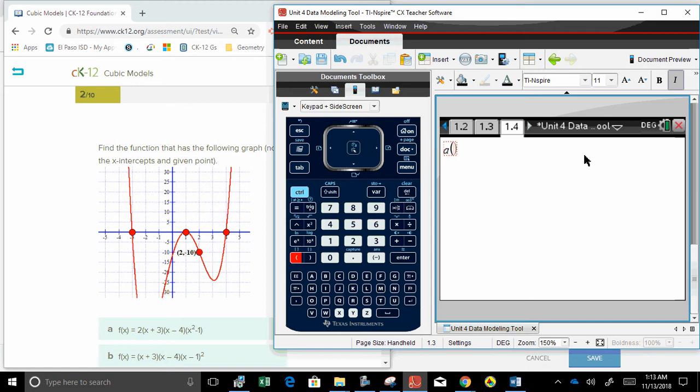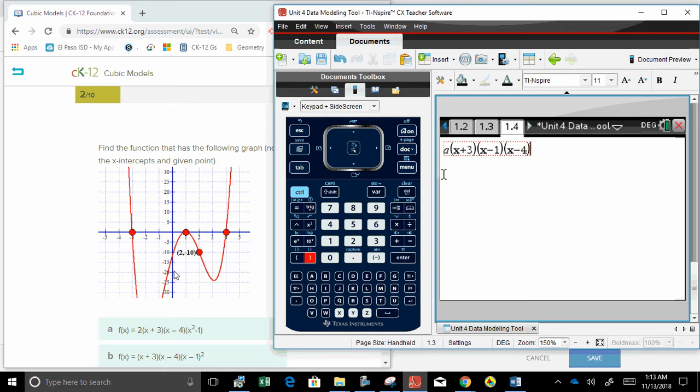A times x plus 3, since x equals negative 3 will be 0. When I factor, negative 3 plus 3 will be 0. We also have x plus or minus 1 and another factor x minus 4.